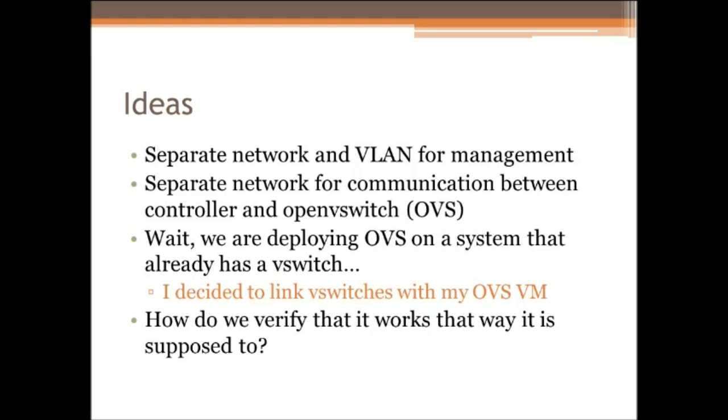Now, one thing that had me stumped for just a moment, in that I wasn't sure how to design it in the best way, was that I am deploying an Open vSwitch on a box that comes with a vSwitch, or a virtual switch. So let me see if I got this straight. I'm going to put OVS on a box that already has vSwitches. How do I manage this?